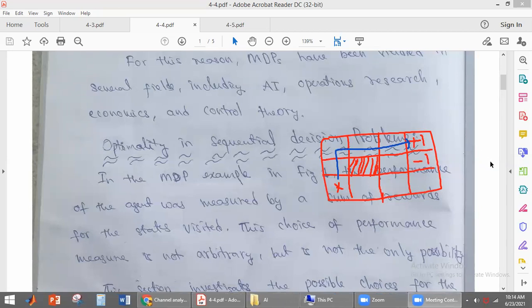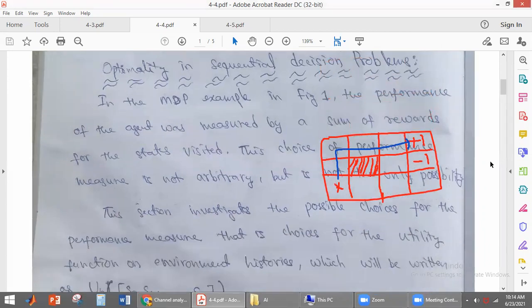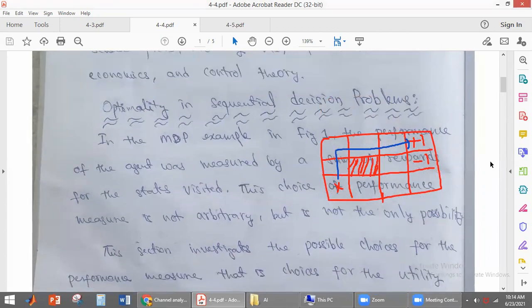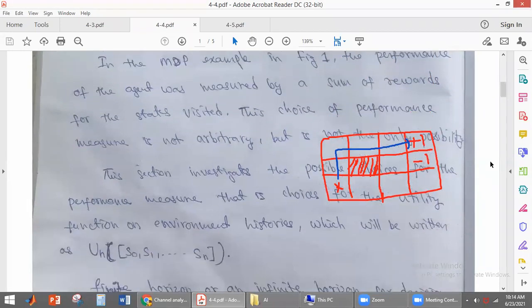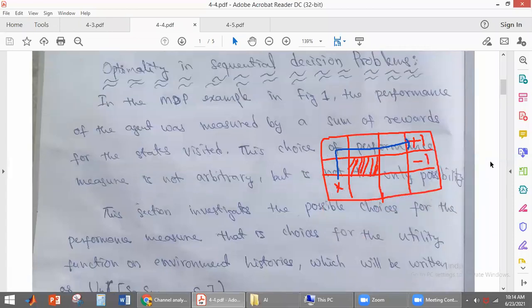This is not the only method we have, students; there are other ways to measure the performance of the agent. Whenever the agent is moving through different states from the start state, if it takes the action up, it will go to this particular state.